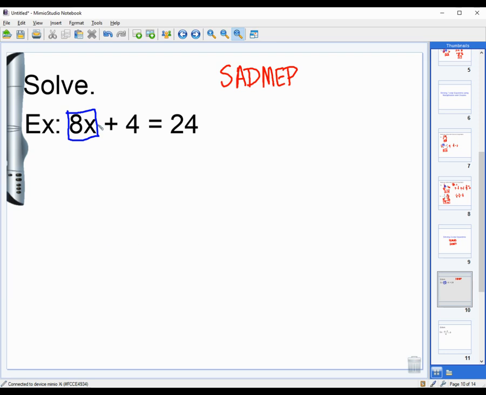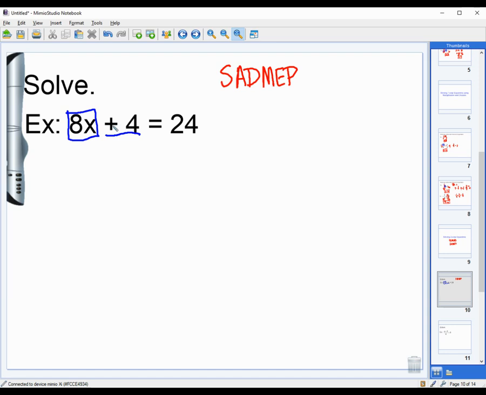Now, the question is, we found our present. What's going on with our present? What do we have around this present that's on the outside of the present? So it looks like we have a +4. Okay, now we have to ask ourselves, we need to do subtraction and addition first. Does this fall under that category? Yes, it does.